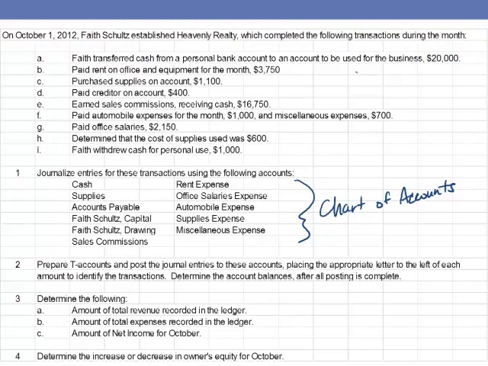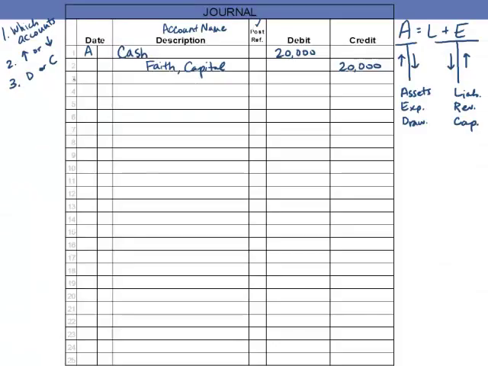Second thing that happened, she paid rent on office and equipment for the month. So which accounts? This is rent, so we're going to use rent expense. And she paid. See the word paid? That generally means cash. So rent expense and cash. Okay, which way did rent expense go? It went up.